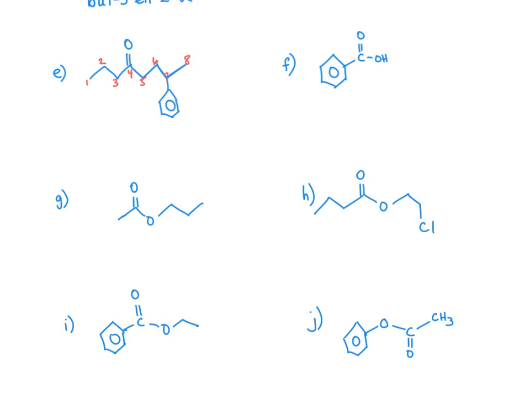So I will number 1, 2, 3. Yeah, it would have been 5 from the right, so it's 4 from the left. So I can see the phenyl off of 7, right? So we'll have 7-phenyl, and then we go into our oct, drop the E, 4-one, and there's our suffix for the ketone family.